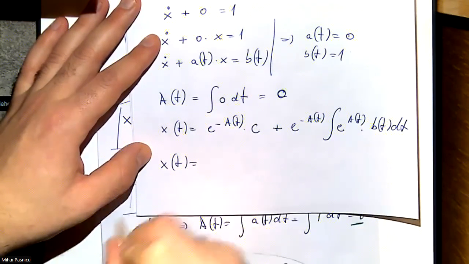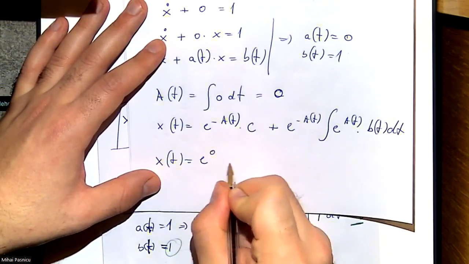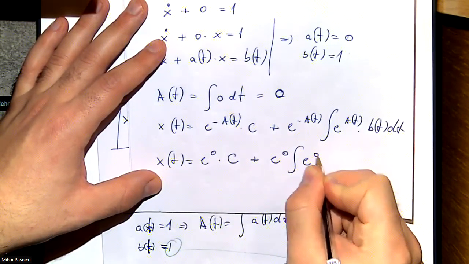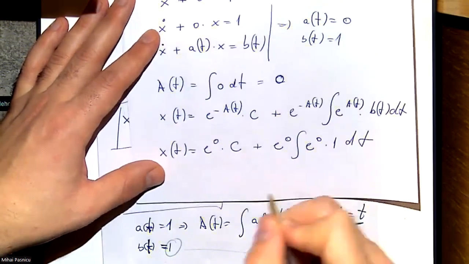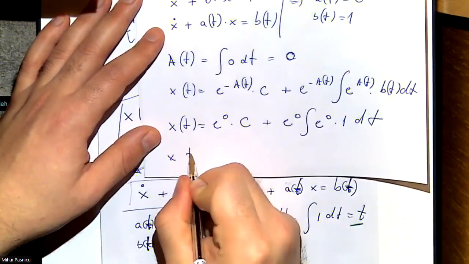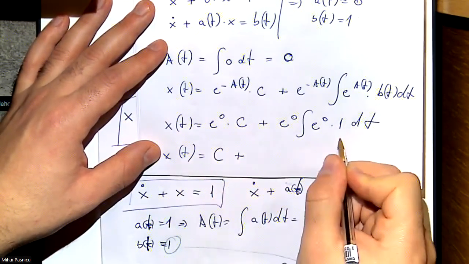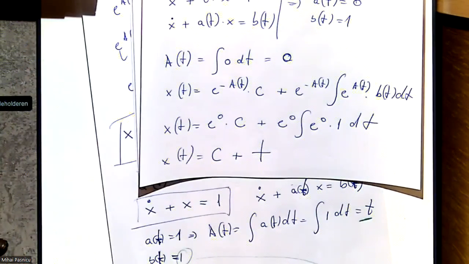So x of t is equal to e to the 0 times a constant plus e to the 0 times the integral of e to the 0 times 1 dt. So x of t is just equal to a constant plus the integral, which is t. So we got to the exact solution that we got up top. Okay?